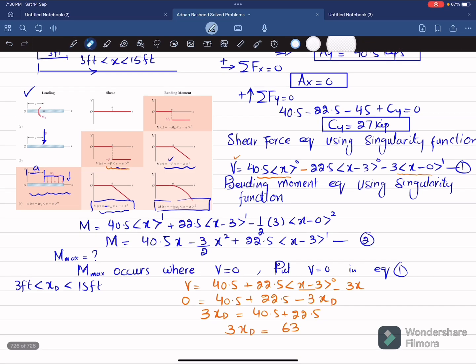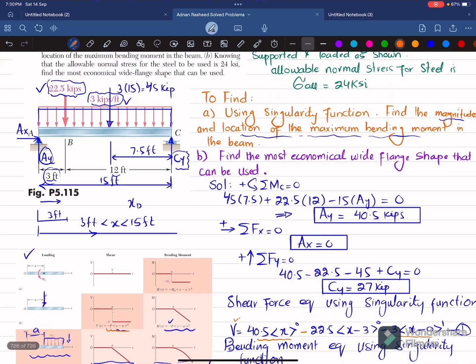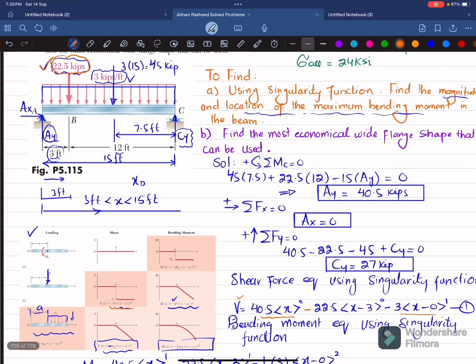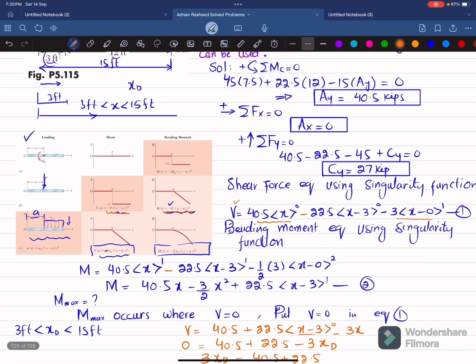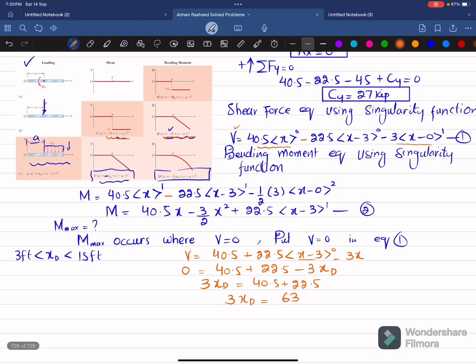So here we will also rectify, this is also negative because you can see this 22.5 load is acting downward. So for downward we have minus P into x minus a. Okay. So what we will do is that this will also be negative. Okay. So this will be negative and this will also be negative.